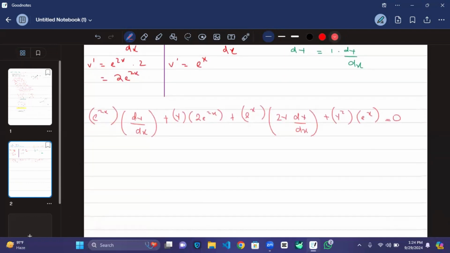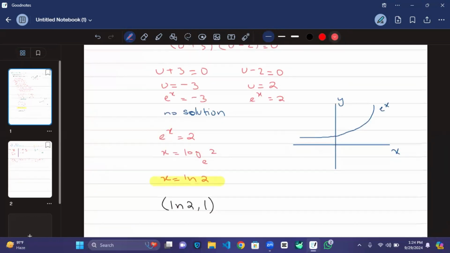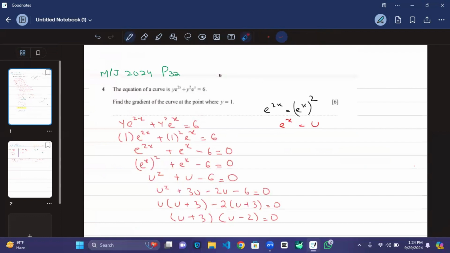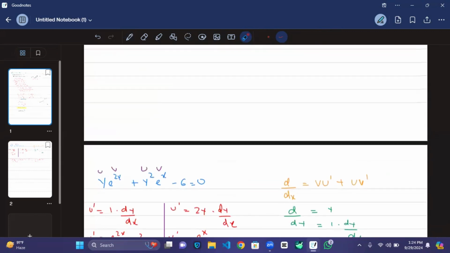So now let's replace e to the power 2x. Over here you can see e to the power 2x is equal to e to the power x whole square. So let's replace this.